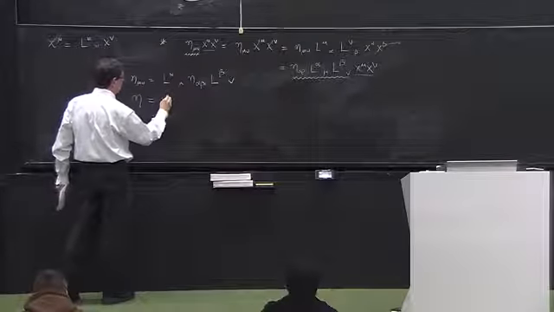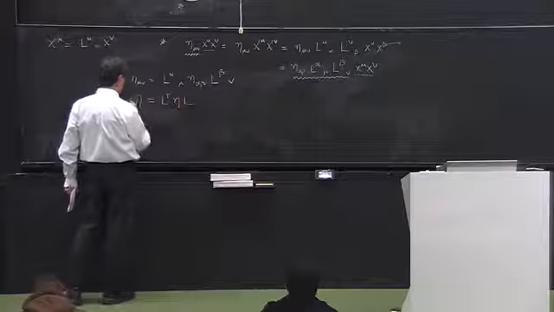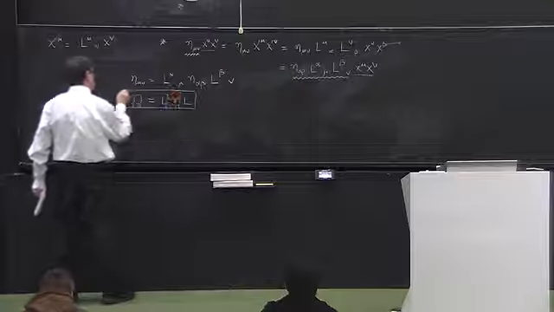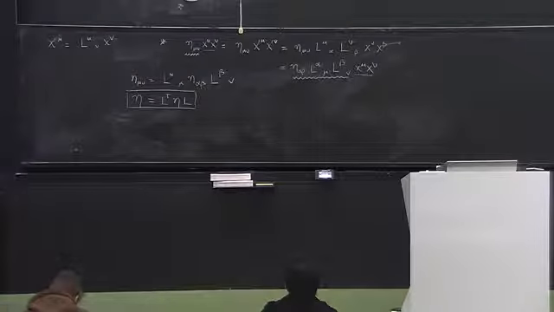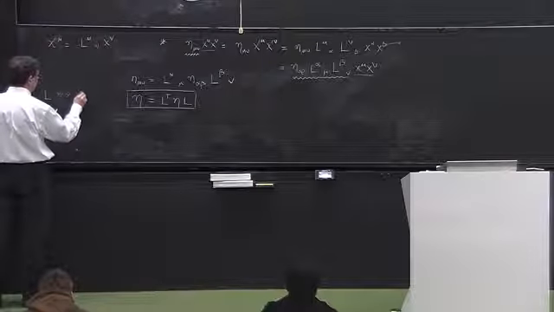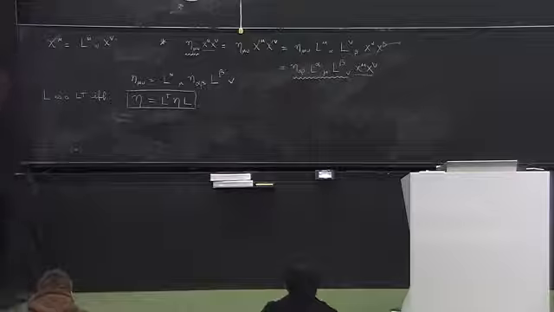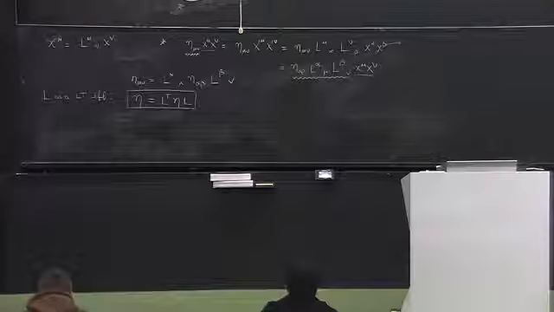So we get L transpose eta, and here the multiplication is fine, L. So L is a Lorentz transformation if and only if it does that. We say it preserves the metric.